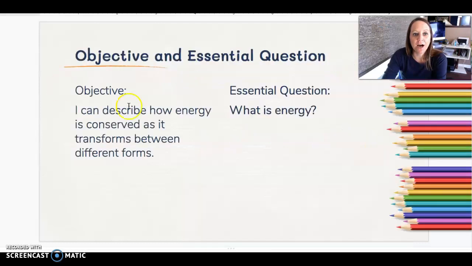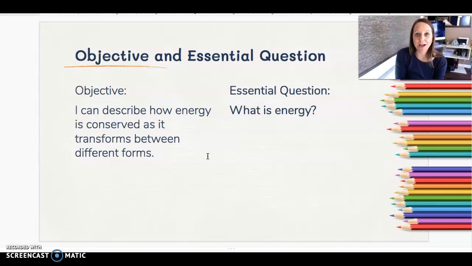Our objective is: I can describe how energy is conserved as it transforms between different forms. We talked already about the law of conservation of mass. What that law tells us is that when something undergoes a chemical change or a physical change, or a change in state of matter, the amount of matter, the amount of mass, the amount of stuff always stays the same.